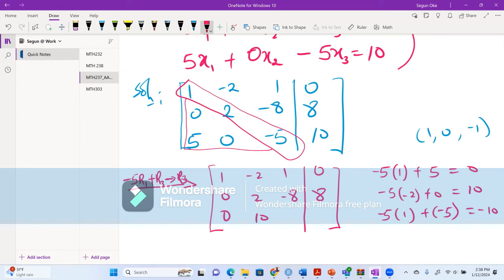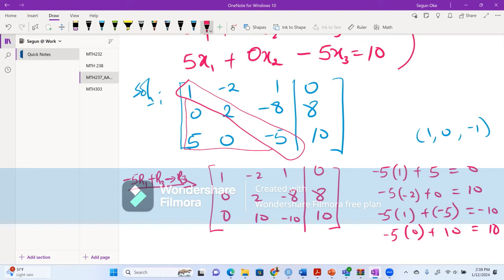Be careful here. Then -5 of 0 plus, I mean, augmented side plus 10, we still maintain 10.